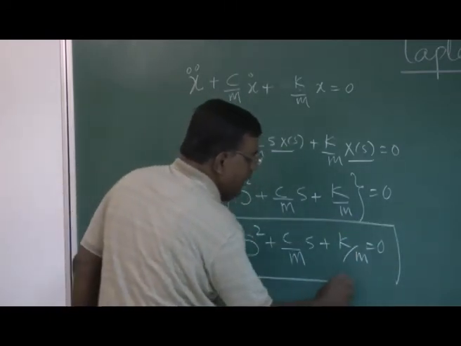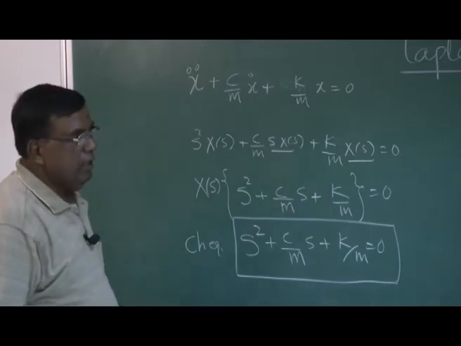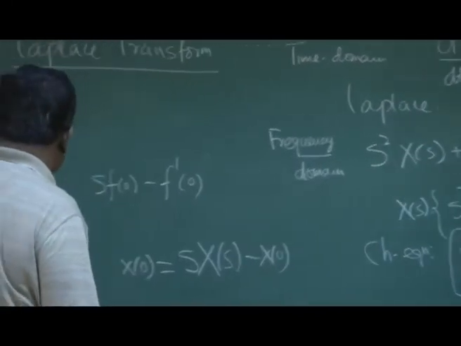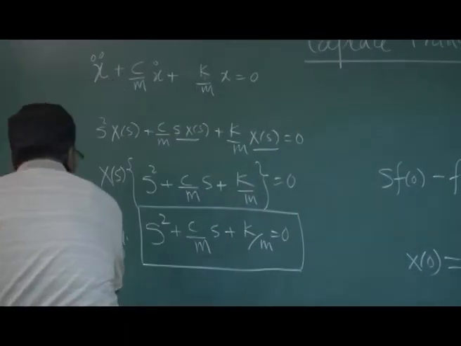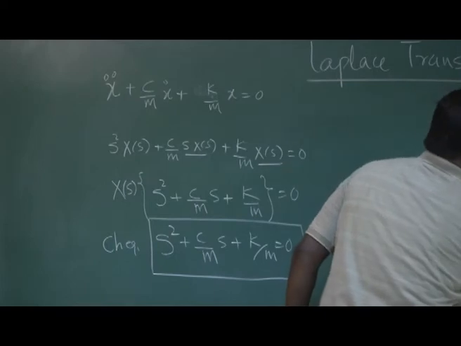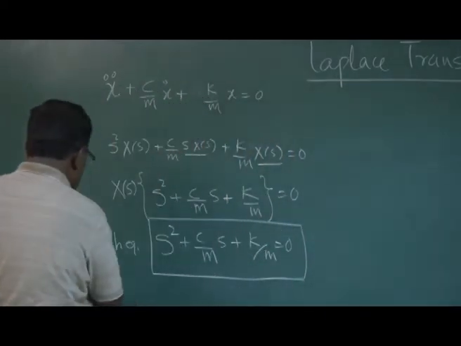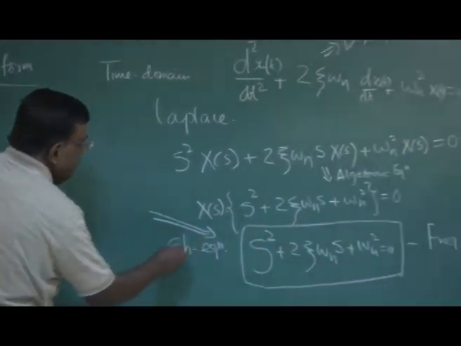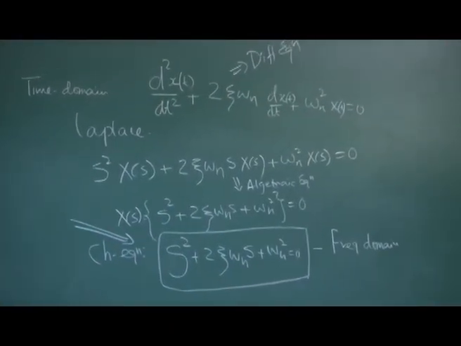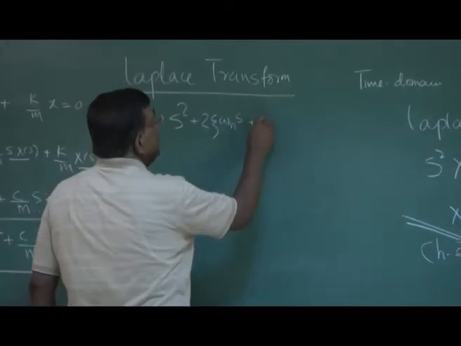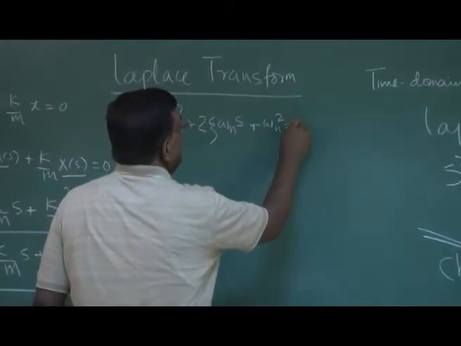Now I want to find out what is the expression for zeta and omega n for the second order system. We are very comfortable now. We know that for second order system, the characteristic equation can also be written in this form, that is s squared plus 2 zeta omega n s plus omega n square equal to 0.